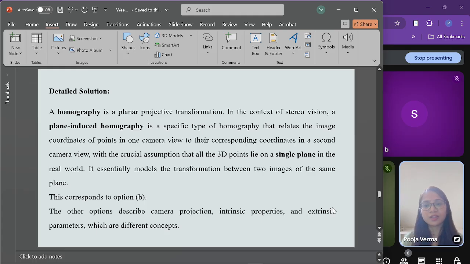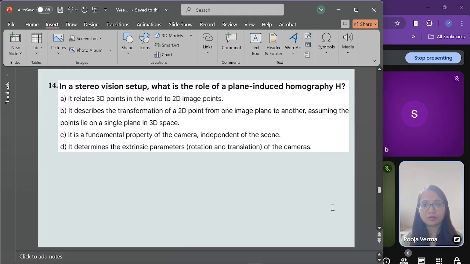So option B is the correct option. The other options describe camera projection, intrinsic properties, and extrinsic parameters. Option B describes the transformation of a 2D point from one image plane to another, assuming the point lies on a single plane in 3D space.